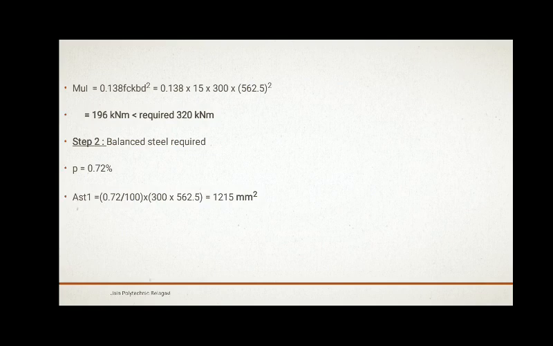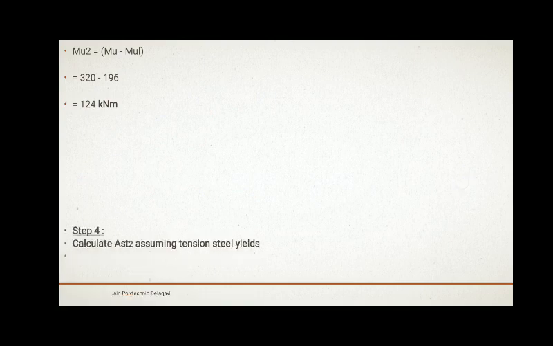So Ast we get is 1215 mm square. The next step, moment to be taken by steel beam. Mu2 is equal to Mu minus Mu limit, that is 320 minus 196, we get 124 kilonewton meter.